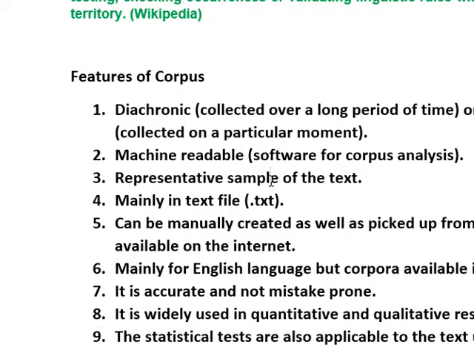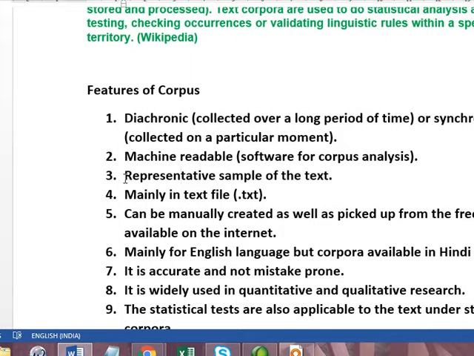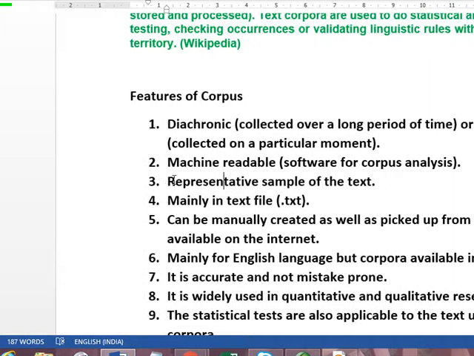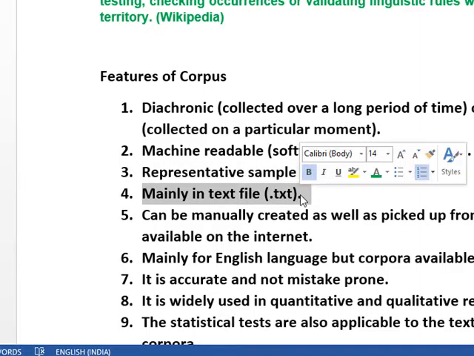It's not that some random sample is collected somewhere as per our whims and fancies, and that is not strictly random also. Convenient sampling, copying and pasting some text from somewhere and calling it a corpus, is not a representative corpus. And that is not a corpus at all. The text should be the representative one, and it is mainly in a text file like we just did.